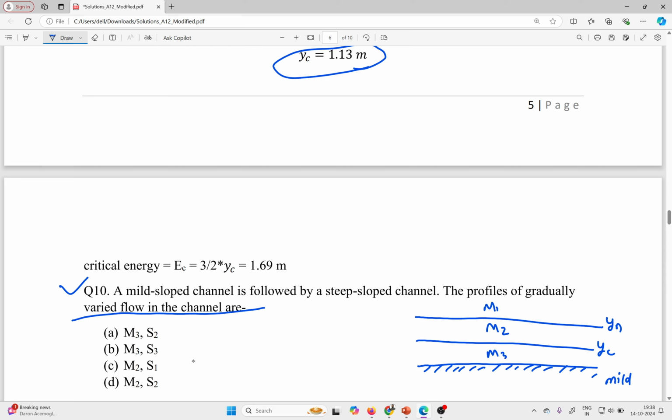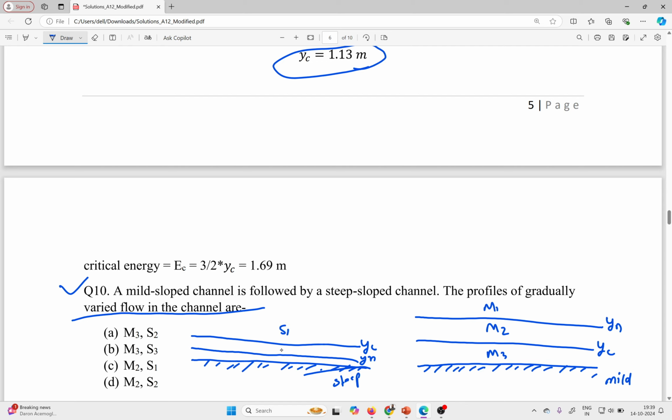Similarly, in a steep flow, if your gradient slope is steep, in such situation, this is your critical, and this is your normal.